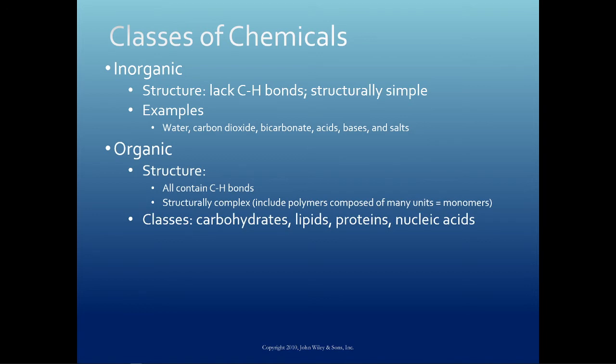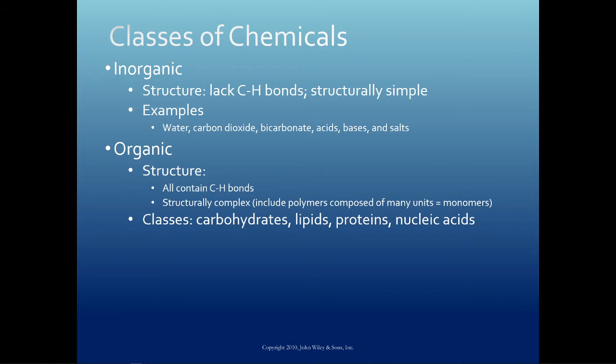And then we have organic things. Organic things typically have carbon-hydrogen bonds. Remember, carbon and hydrogen were among our four major elements that make up the majority of your body. Things with carbon and hydrogen bonding are typically the structures found within your body, our big molecules, or what we call macromolecules, which we'll look at in those classes.